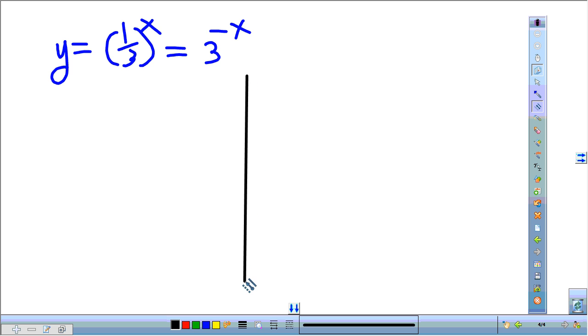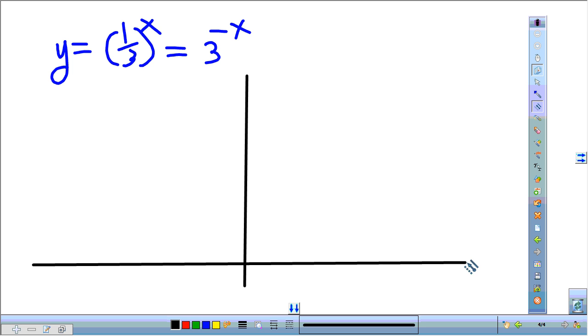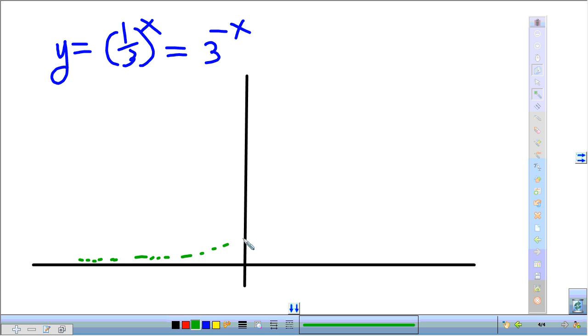So if we looked at it graphically, we would have had the 3 to the x with exponential growth. 3 to the minus x means that every value that was positive x gets moved to the same height at minus x.